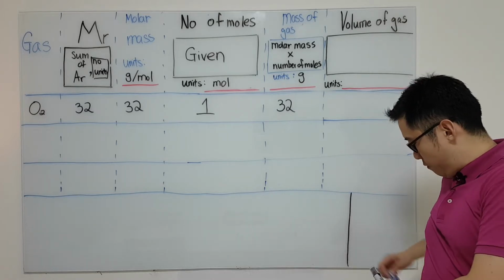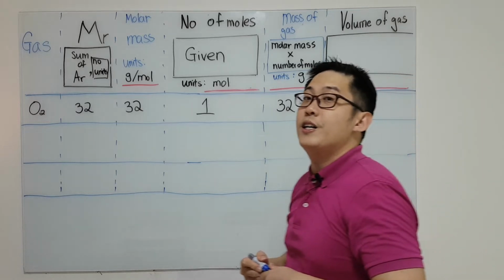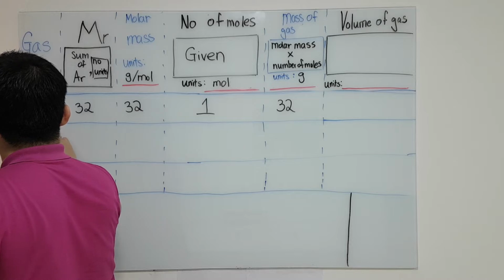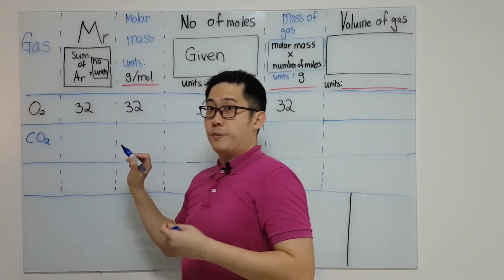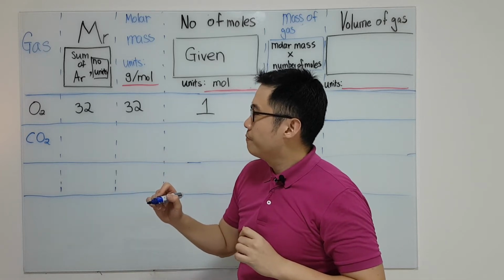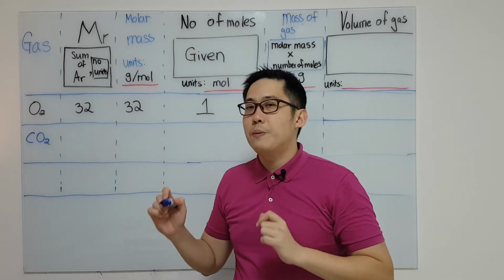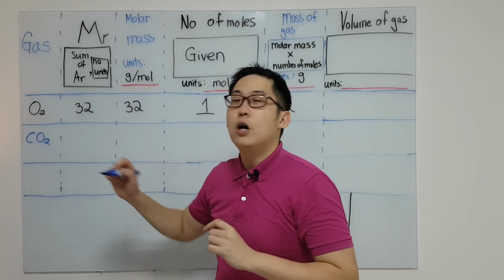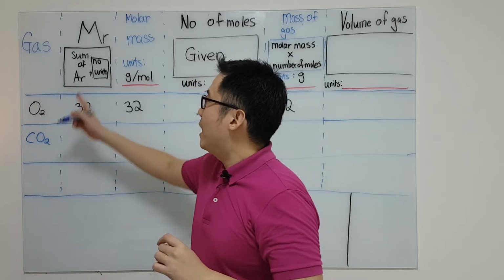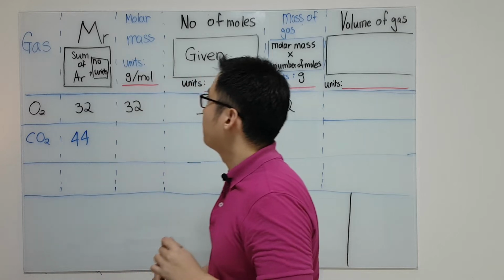And now consider with me another gas, carbon dioxide, CO2. Your carbon dioxide gas is made up of carbon, which has a relative atomic mass of 12, and 2 oxygen, which means that it adds up to a sum of 44.